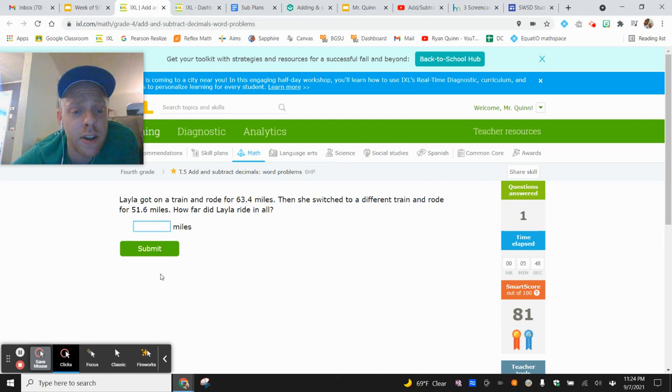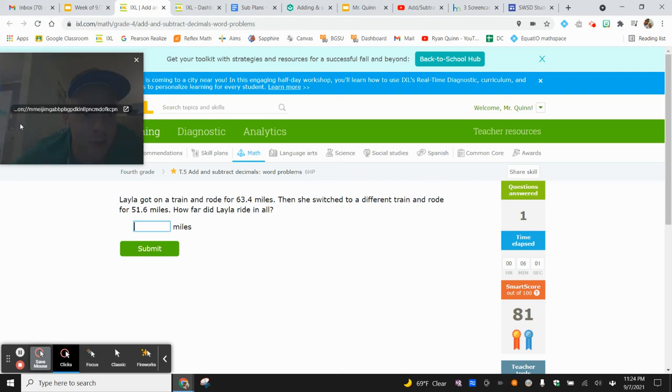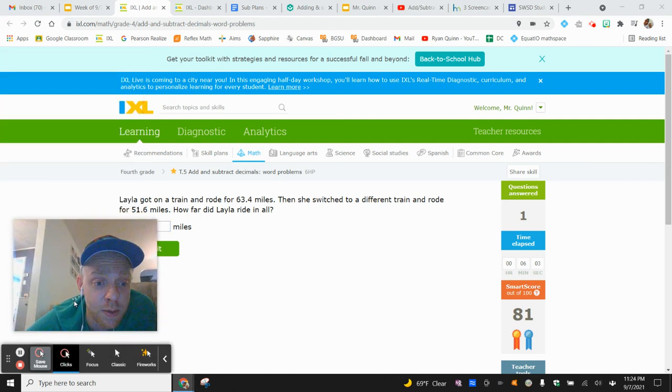So Layla got on a train and rode for 63.4 miles. Then she switched to a different train and rode 51.6 miles. How far did Layla ride in all? Oh, this one is really set up for us to be successful.